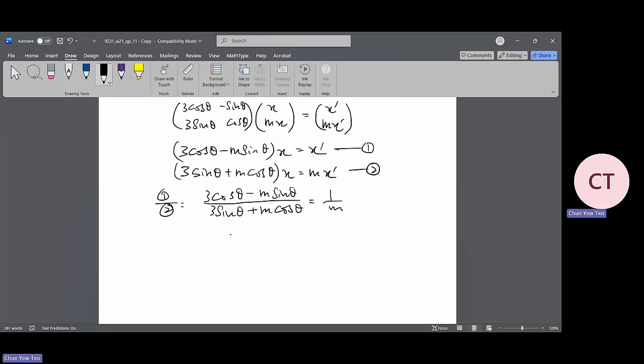So just do the cross multiplication, you get 3m cos theta minus m squared sine theta is equal to 3 sine theta plus m cos theta. So you get m squared sine theta minus 2m cos theta plus 3 sine theta.